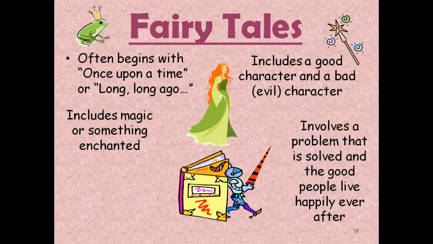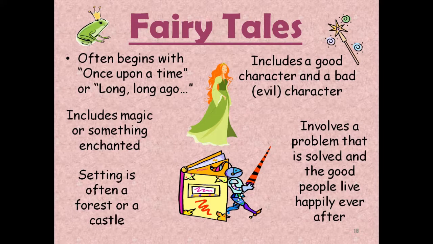So enchanted is related to magic. It involves a problem that is solved and the good people live happily ever after. So that is a fairy tale in which you can see long time ago, once upon a time, and you would come across these fairy tales. Setting is often a forest or a castle.